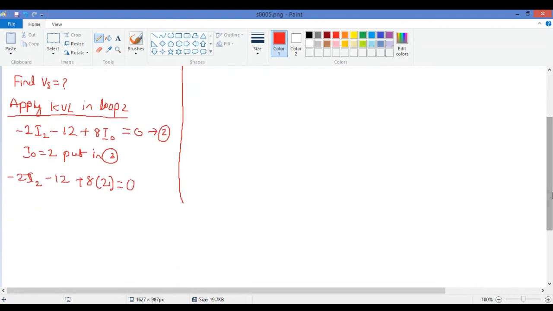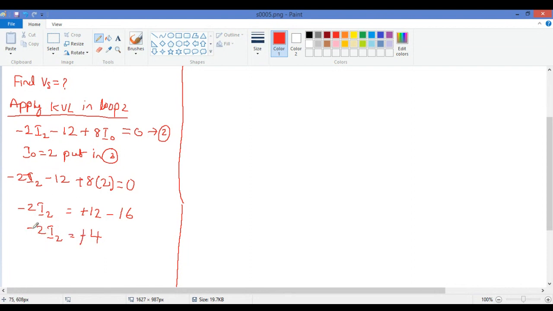Now I will take minus 2 I2 as equal to, the minus 12 will become plus 12 and the plus 8 into 2 will become minus 8 into 2, which is 16. So minus 2 I2 is equal to minus 4.